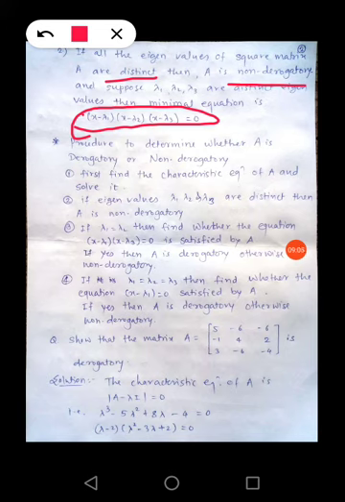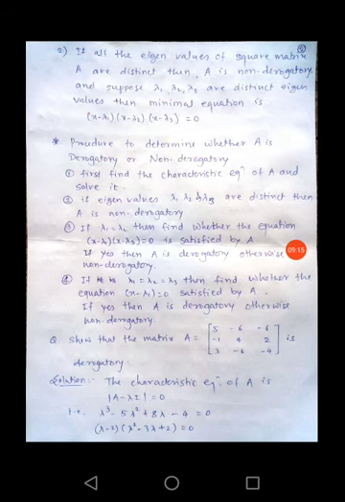Okay. Now we will see the procedure. What is the exact procedure to determine whether A is derogatory or non-derogatory? First, find the characteristic equation of A and then solve it. If the eigenvalues lambda 1, lambda 2 and lambda 3 are distinct, then A is non-derogatory.